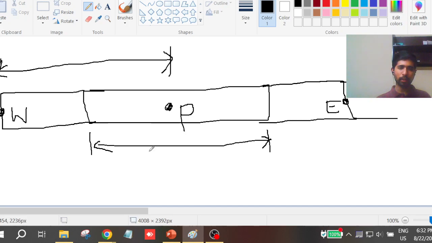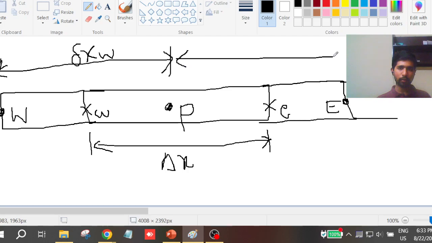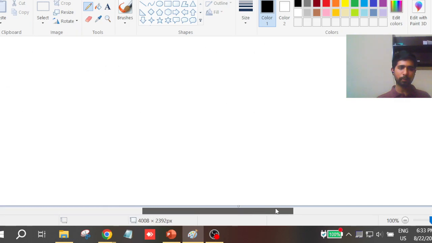Usually we denote one by delta x, and the other by small del x. Here it is the west surface, I call it small w, and here the east face, I call it small e. Now this will be dxw and dxe. Now this particular equation I have to apply on this particular control volume.